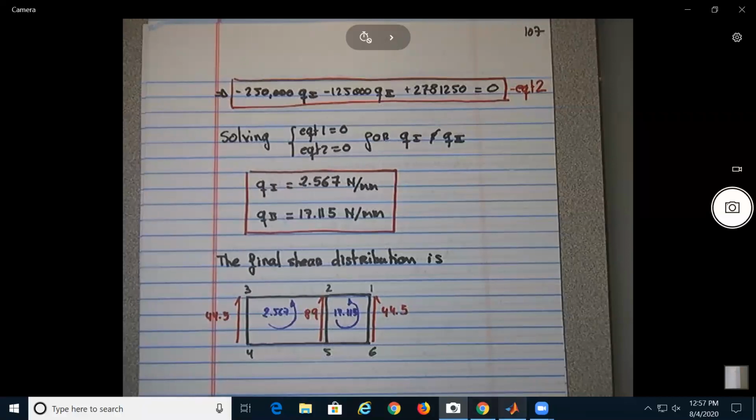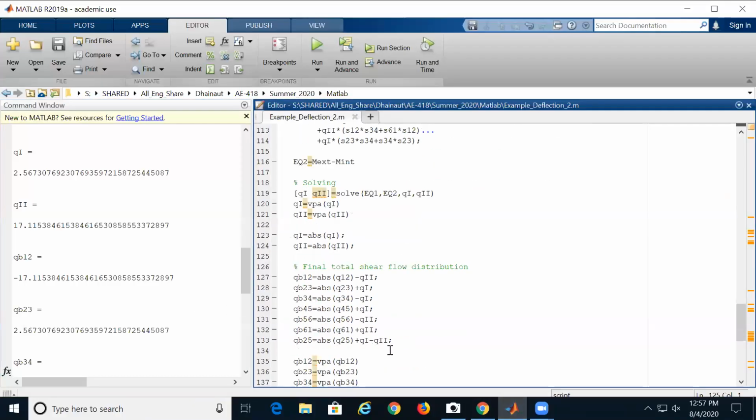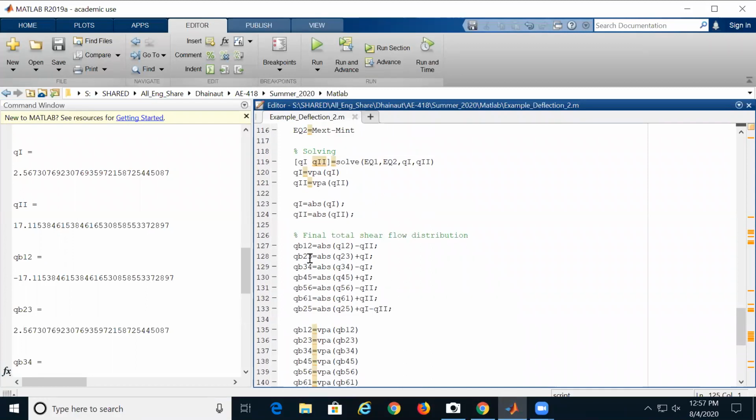So let me go and check the MATLAB code very quick, because this is the part that I didn't even check yesterday. So Q12 will be just Q1. Huh? Okay, no, will be Q2. Minus Q2. Okay, so you see, it should be plus Q2, I guess. Q23 will be equal to Q1, plus Q1. Q34 should be equal to absolute this one minus Q1.